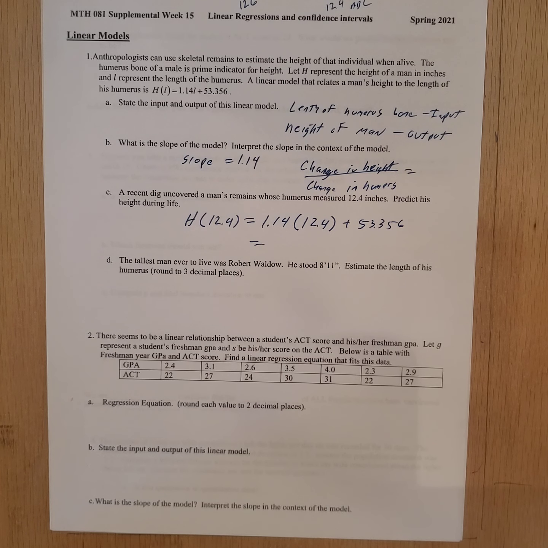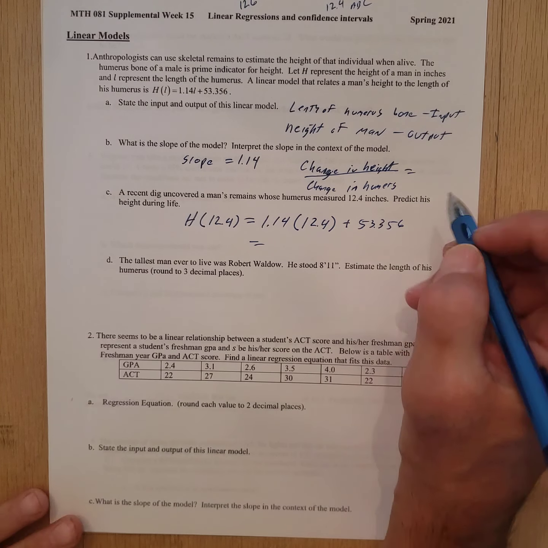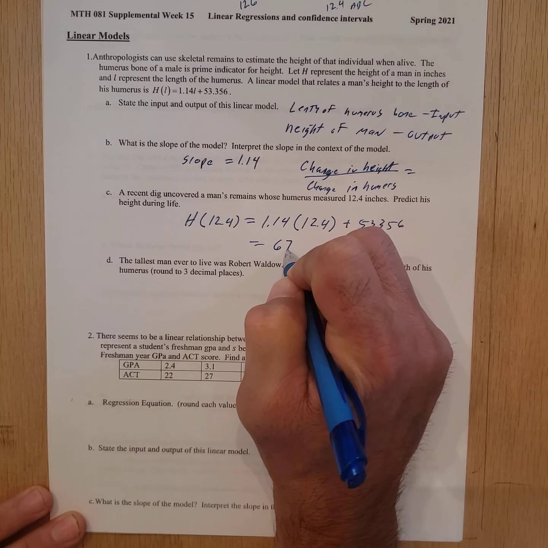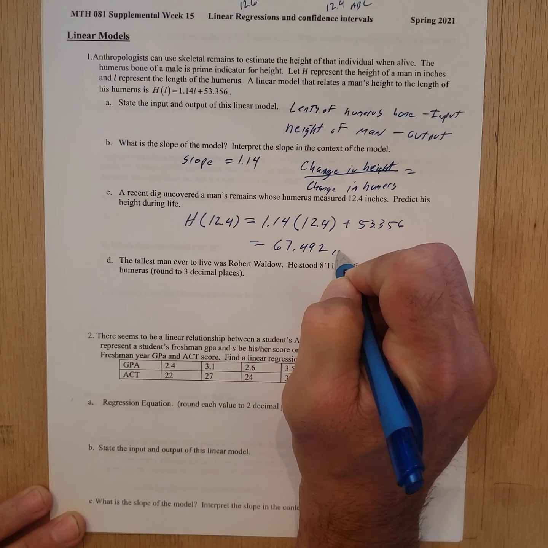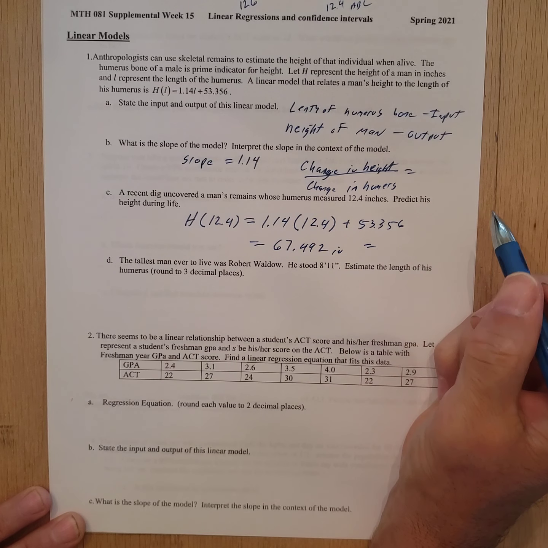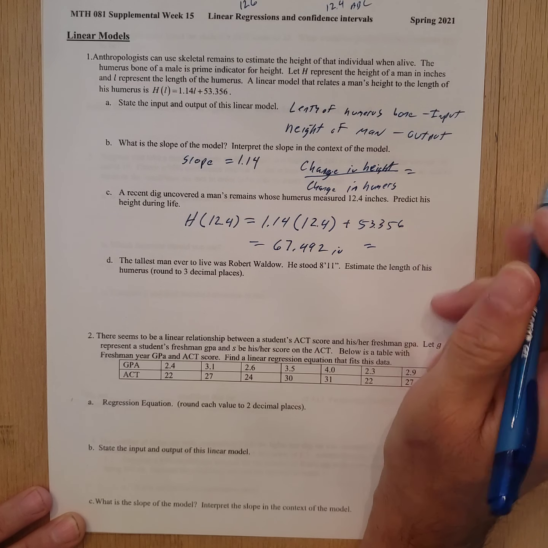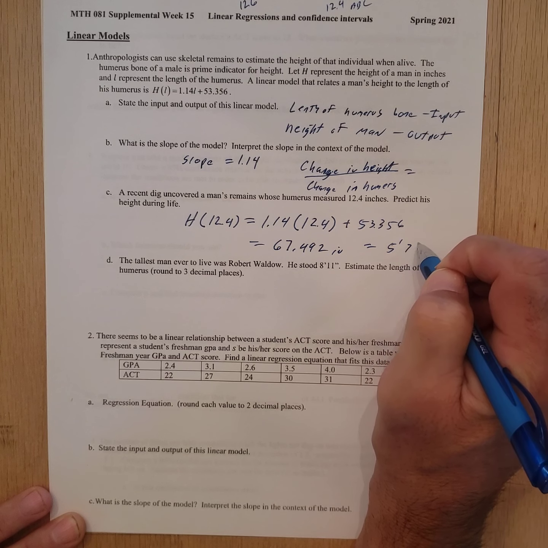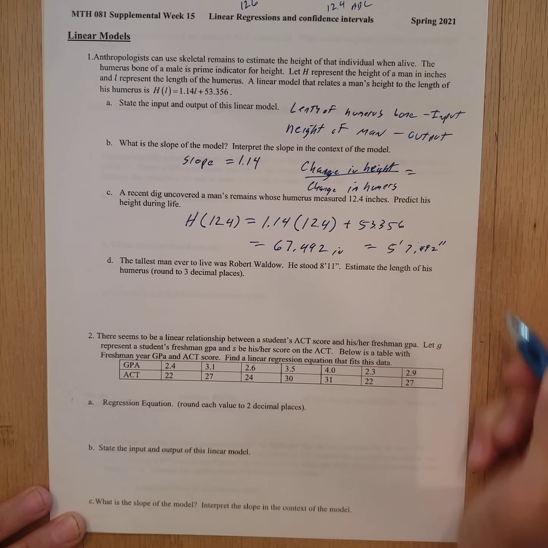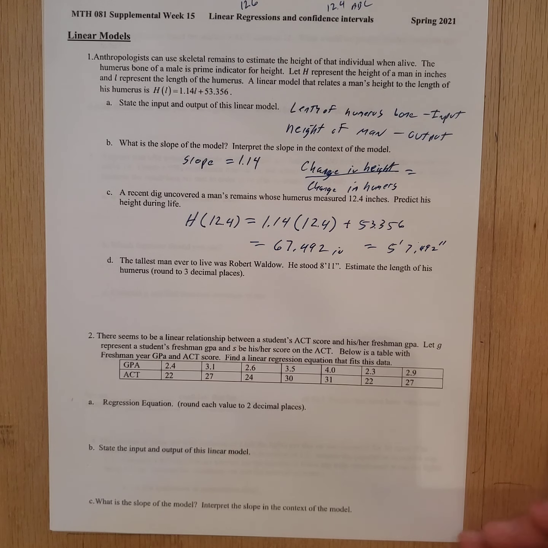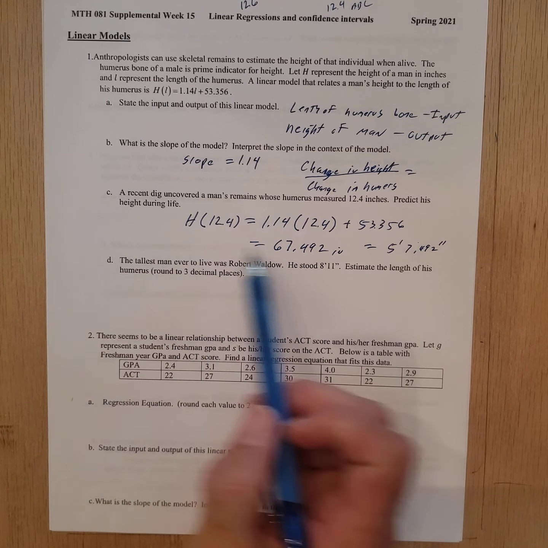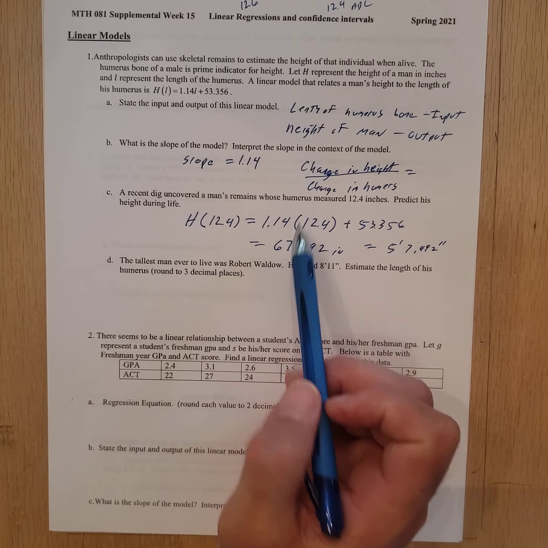Plugging all that in, we're getting 67.492. And remember, this is in inches. Okay, 5 feet is 60 inches, so this person would be 5 feet 7.492 inches.